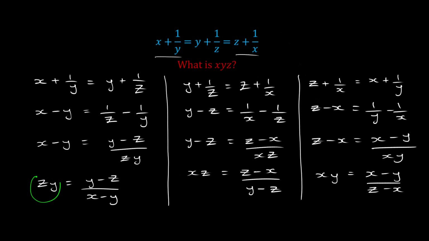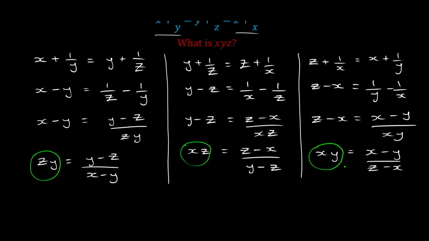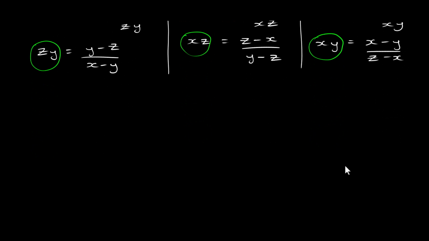So seeing that we have zy, we have xz, and we have xy, we can actually get an xyz from this. Well, actually we could get an xyz squared from this. So let's go down a bit more and let's actually multiply.